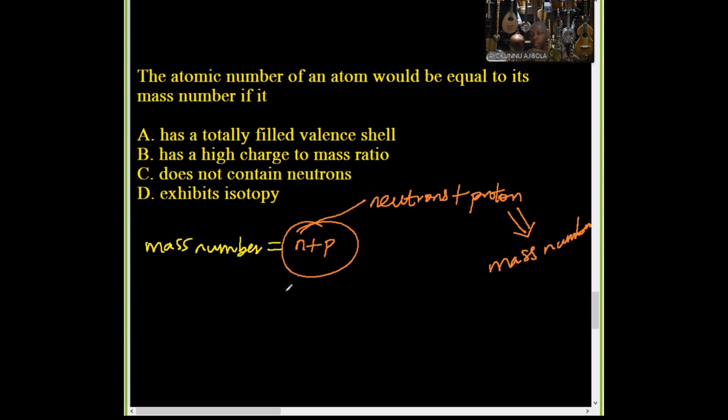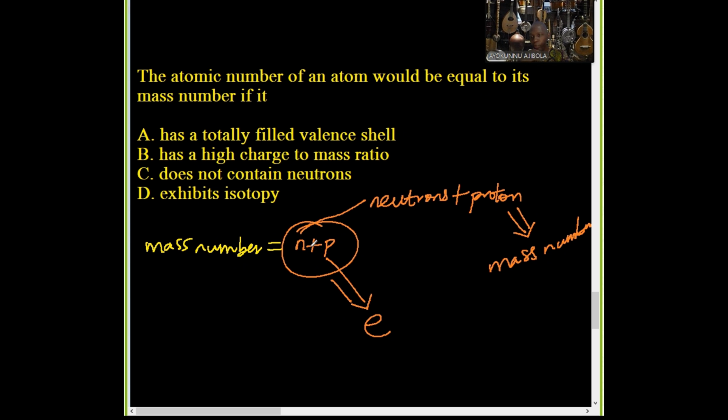So, under which condition will it be equal? This proton is the same number as the electron, okay? Is that clear? Yes, sir. So it's equal to the number of electrons.